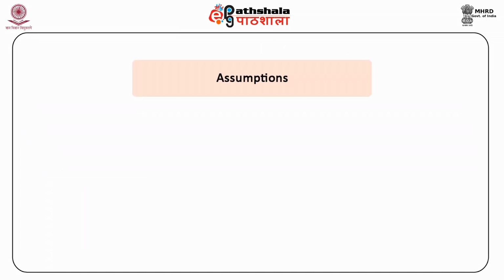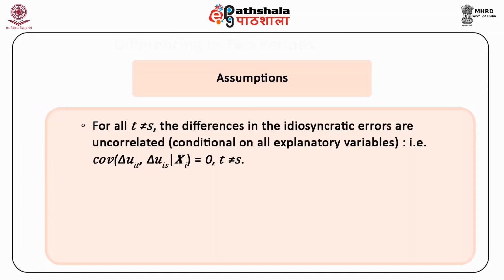Our sixth assumption is that for all t not equal to s, the differences in the idiosyncratic errors are uncorrelated, conditional on all explanatory variables. It implies that the covariance of delta u_it with delta u_is given X_i is equal to 0 when t is not equal to s.